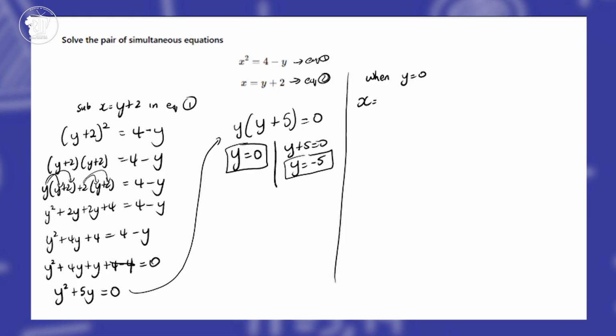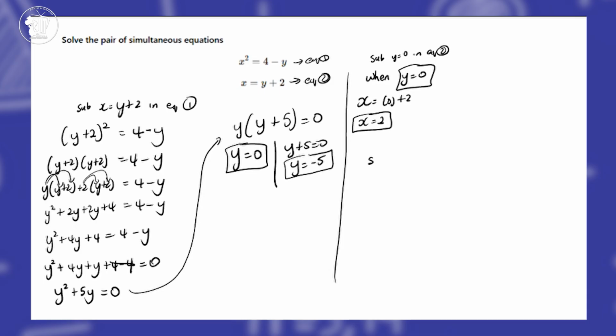So we substitute y equals 0 in equation 2. x would be equal to, instead of y plus 2, 0 plus 2. So x would be equal to 2. So when y is equal to 0, x is equal to 2.